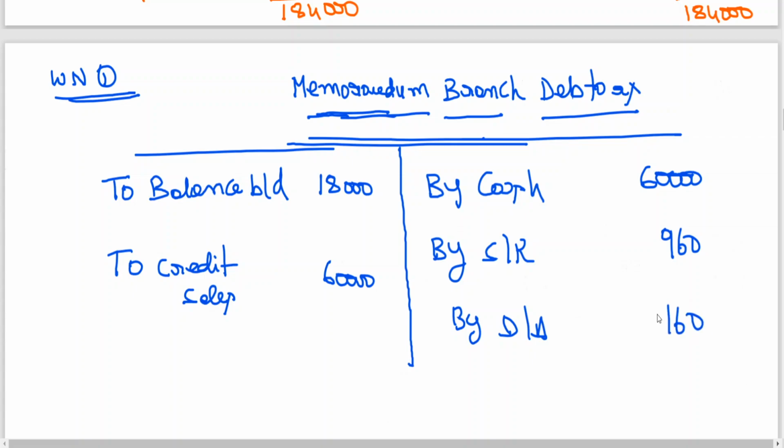Now you can find out the closing balance. Totally 78,000. 78,000 minus 60,000 minus 960 minus 160. It is coming to 16,880.